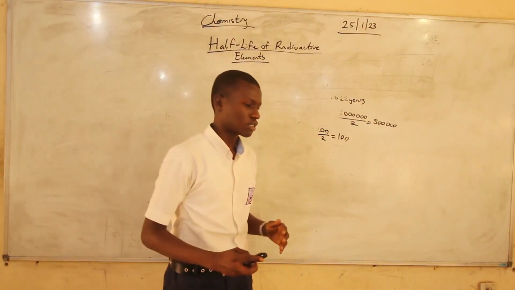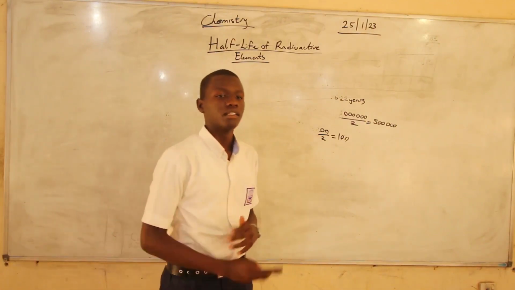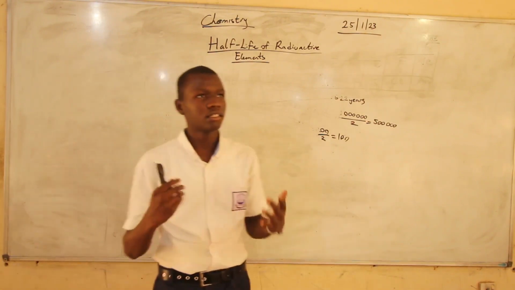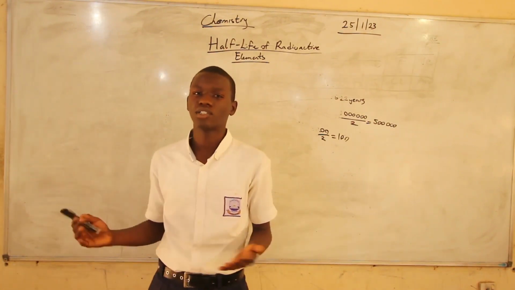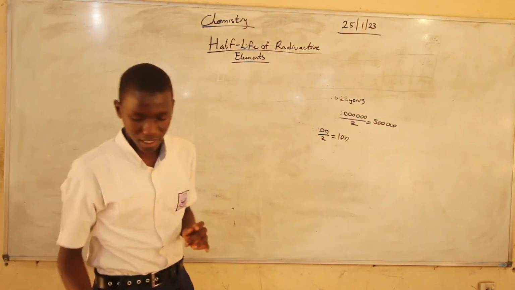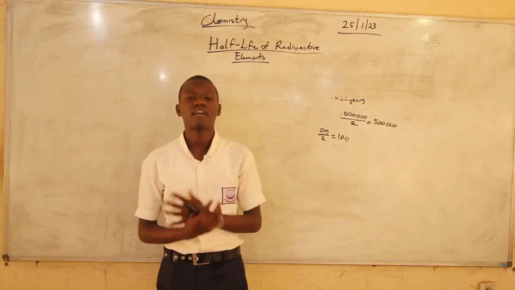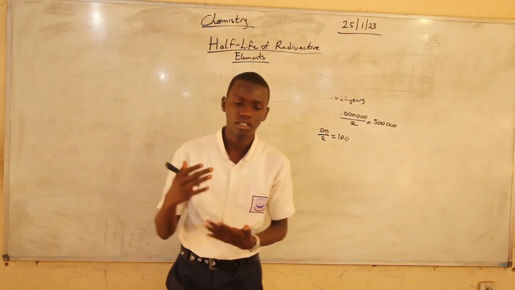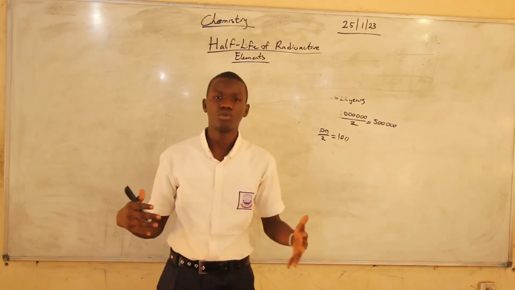So let me jump straight to the point. The difference between an ordinary chemical reaction and a nuclear reaction is the radioactive element. A nuclear reaction has radioactive elements as the reactant and the product.